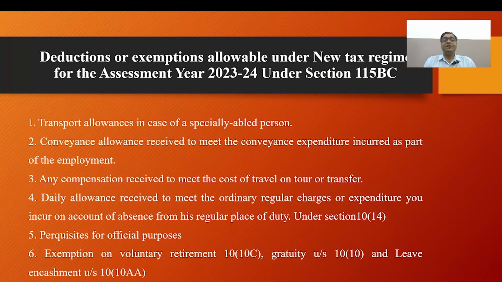Number three is conveyance allowance: any compensation received to meet the cost of travel, tour and transfer. Suppose a person is doing a job in a government sector or some private sector, and is transferred from one place to another. They provide this amount as per norms.